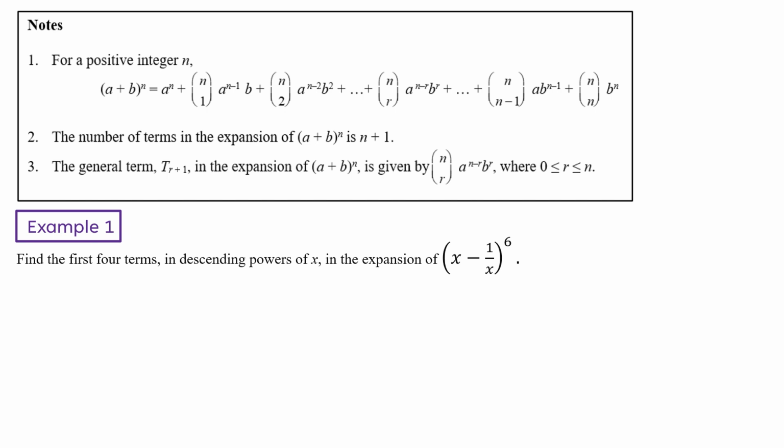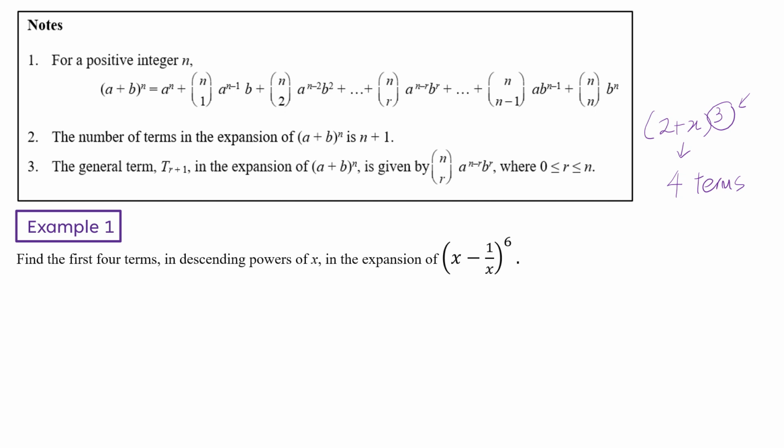What it means is if you're asked to expand (2 + x)^3, you would end up having 4 terms. The number of terms is always one more than this value here.